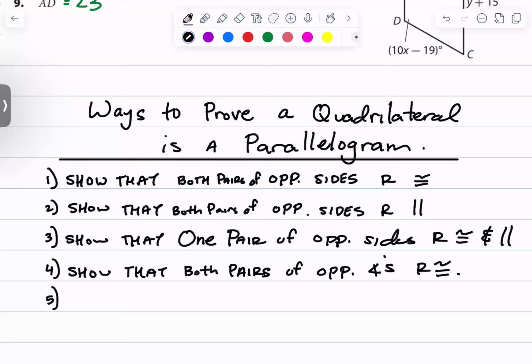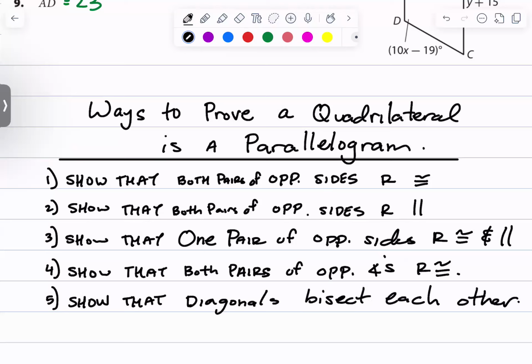And then the fifth way, show that the diagonals bisect each other. Okay? Those are the 5 ways to prove a quadrilateral is a parallelogram.